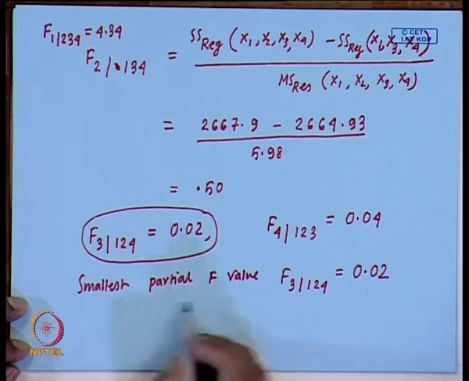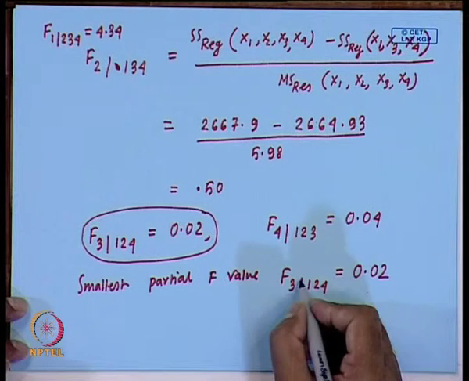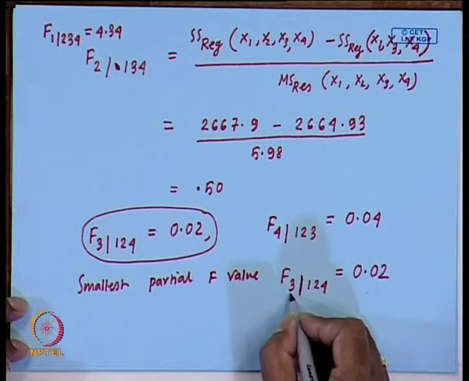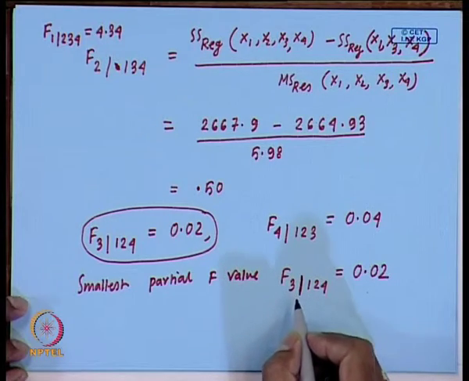Now, we can remove this. So, the associated regressor is x3. We can remove the regressor x3 from the model, provided that this observed partial F value is less than the tabulated value.